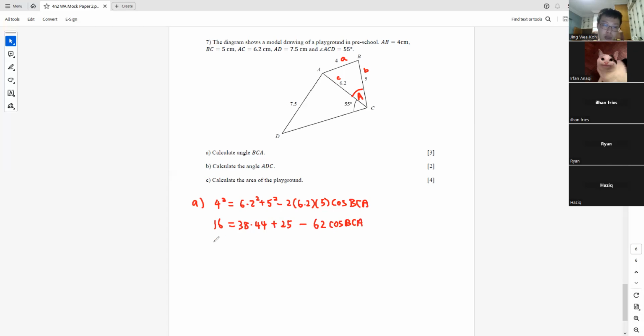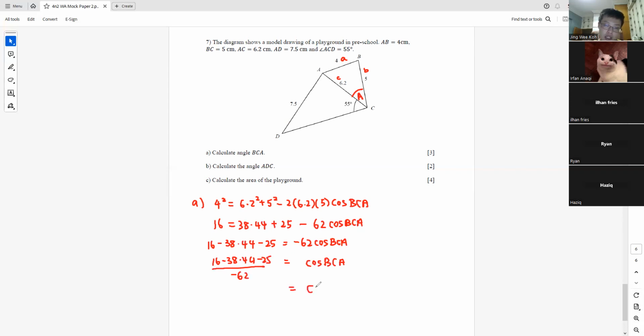So what you do, you have to subtract. So 16 minus 38.44 minus 25 is equals to, okay. So to find cosine BCA, what do we do? We just divide by negative 62.